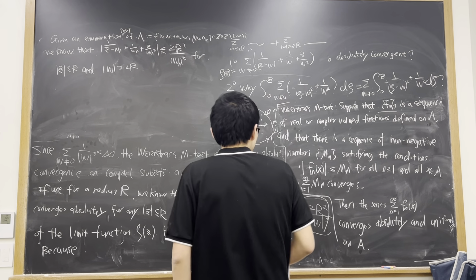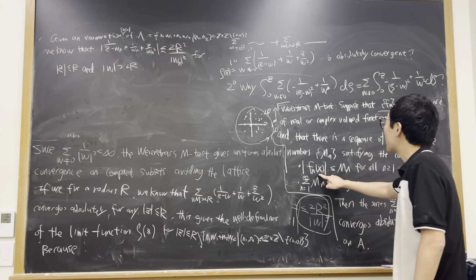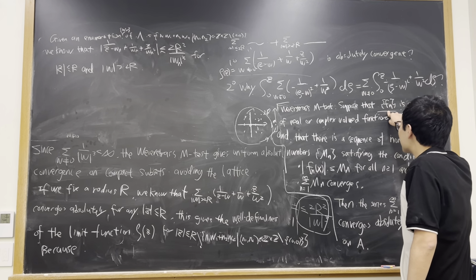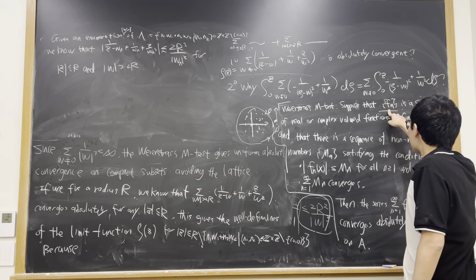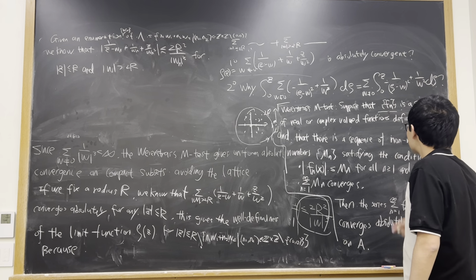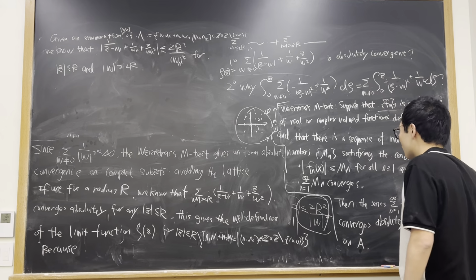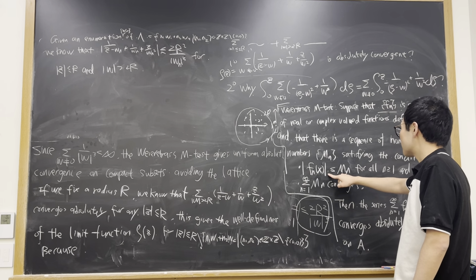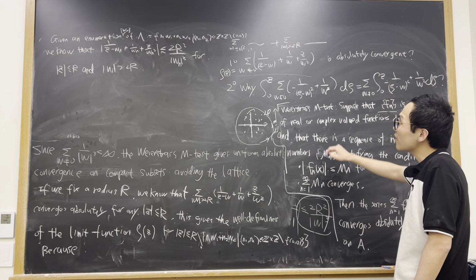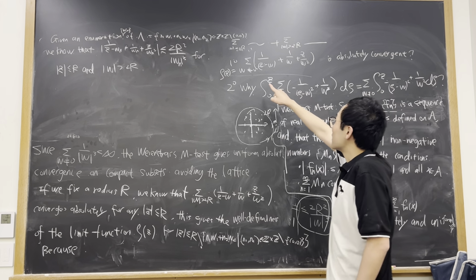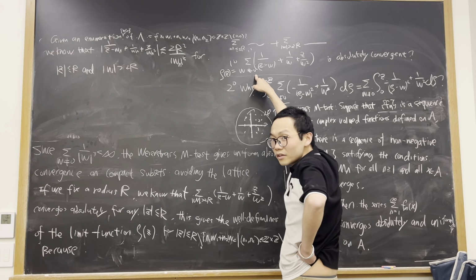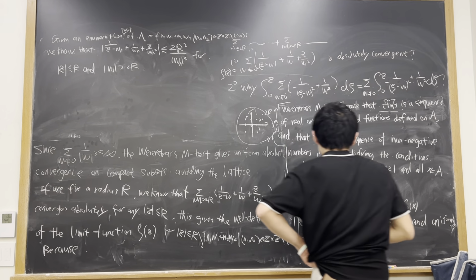So here, I think we also need to define this, because the Weierstrass M-test is an argument about the sequence of functions. What we want is to determine whether this series is converging or not, right?